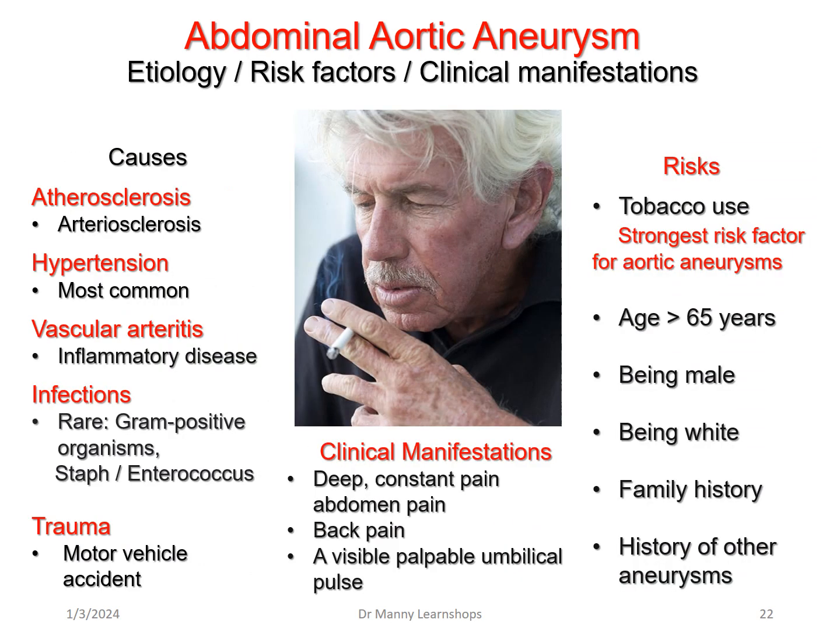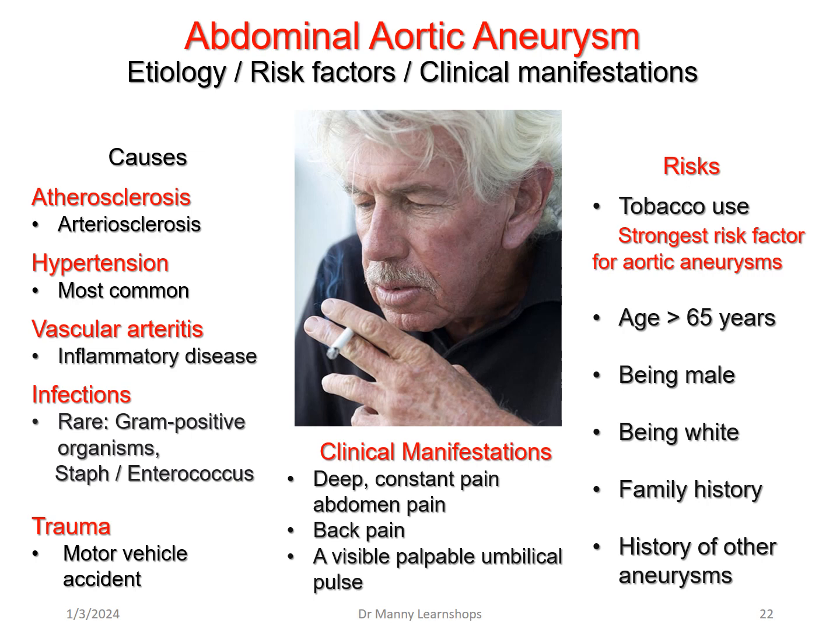What are some of the causes, the risk factors, and the clinical manifestations? Well, the causes typically are going to be related to atherosclerosis, which results in arteriosclerosis. And hypertension is the most common cause of the pathophysiology related to abdominal aortic aneurysm.